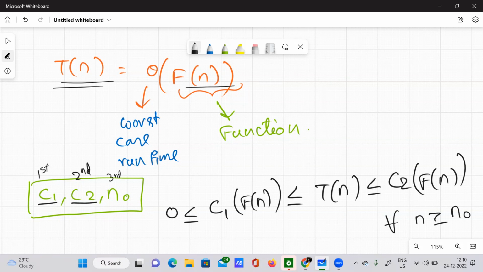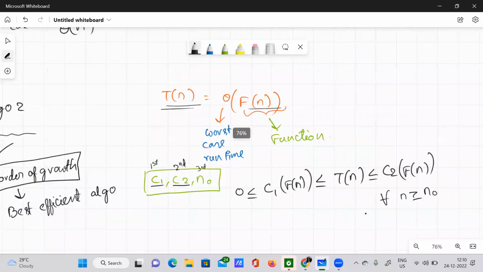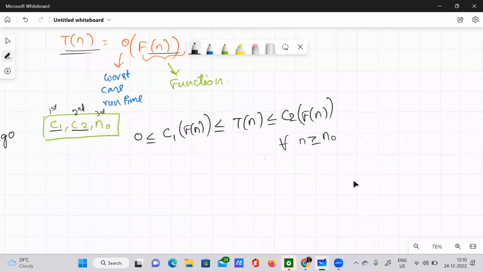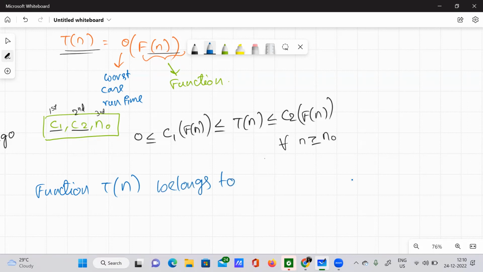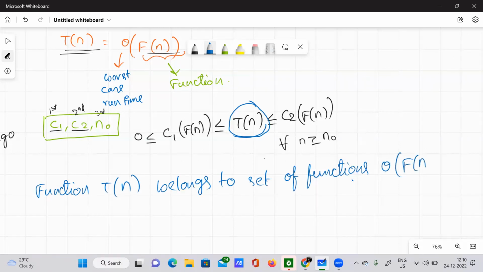In practice, it is saying that the function t of n belongs to the set of functions theta of f of n. Set of functions means theta of f of n.